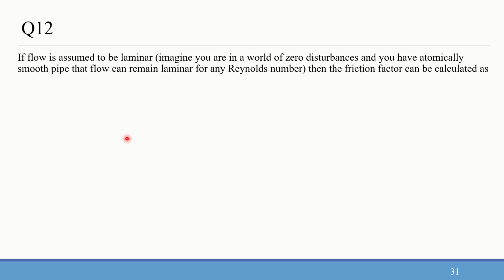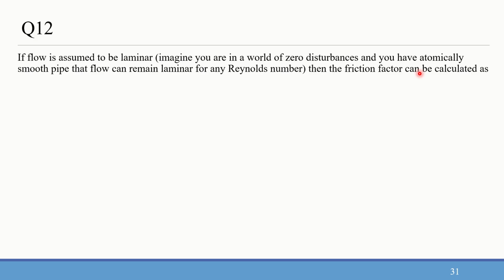If flow is assumed to be laminar, imagine you are in a world of zero disturbances and you have an atomically smooth pipe, so that flow can remain laminar for any Reynolds number, then the friction factor can be calculated as dash. So what is asked is that we are assuming the flow to be laminar, because we got the Reynolds number as 1 lakh something, and that is not a laminar flow condition, that is a turbulent flow condition.